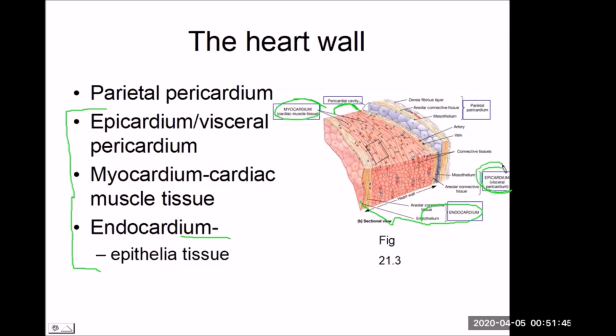Those 3 forming the wall of the heart, and all 4 chambers have those layers. There's variation, of course, in the thickness and makeup, but they all have the same 3 general layers, all 4 chambers. And then a detached separate layer, again, the parietal pericardium, the layer lining the internal surface of the pericardial cavity.